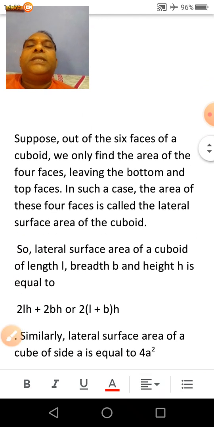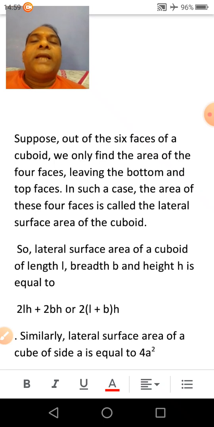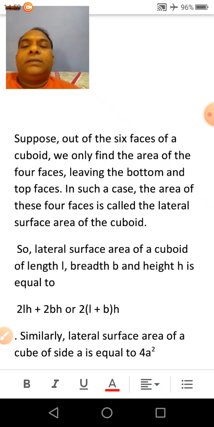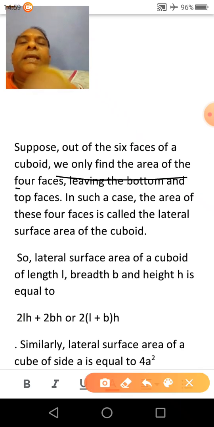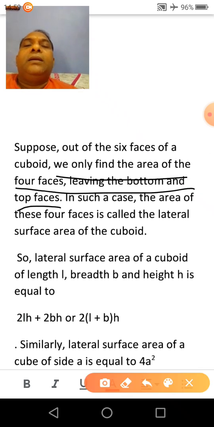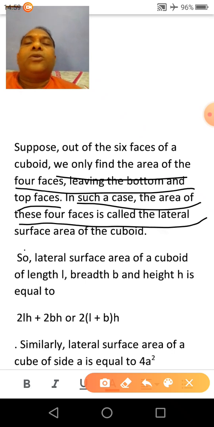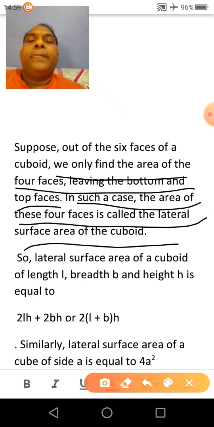Suppose out of the 6 faces of a cuboid, we only find the area of the 4 faces, leaving the bottom and top. In such case, the area of the 4 faces is called the lateral surface area of the cuboid. Clear? I repeat it. Lateral surface area of cuboid means area of 4 faces, leaving the bottom and top faces.